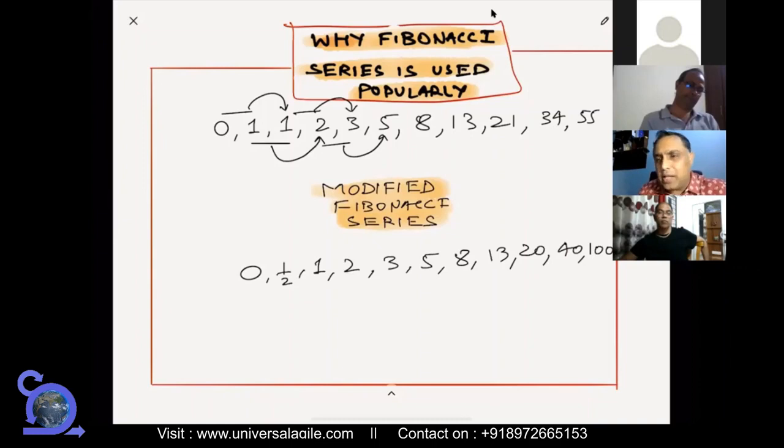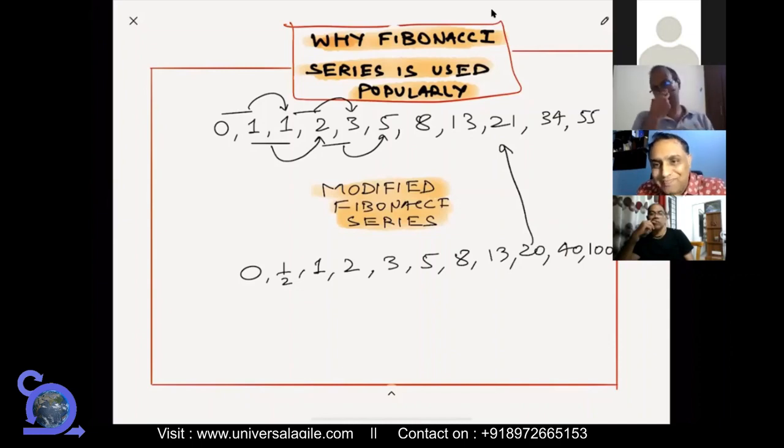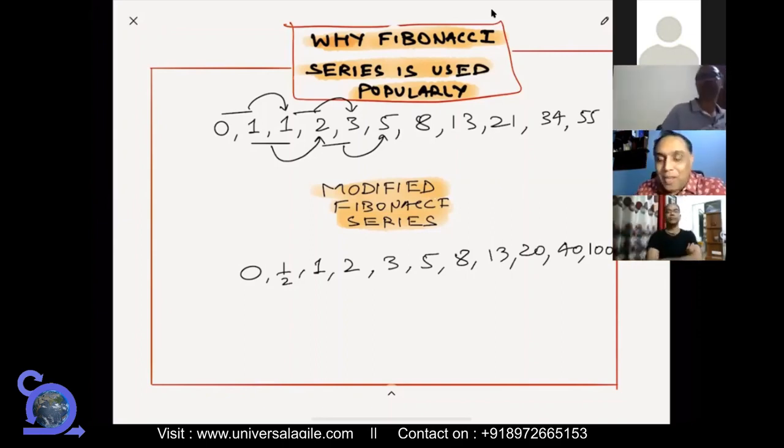Largely, this is the series of numbers we use, up to 100. Why did we modify it first of all? If we write 21 here, don't you think it gives a feeling of precision? If I write 34, again it gives a feeling of precision. So we don't want to show precision. Clear to everybody?